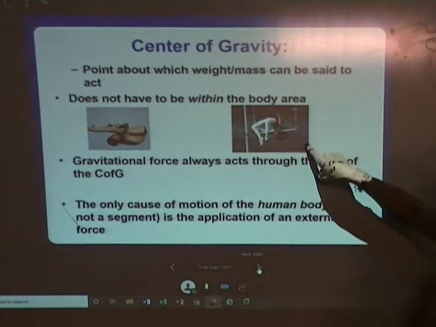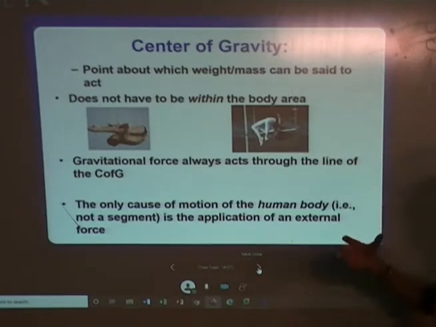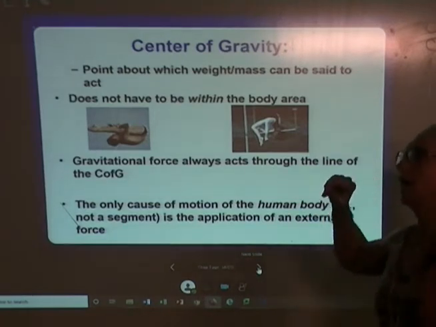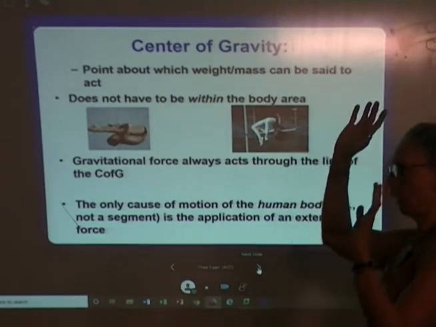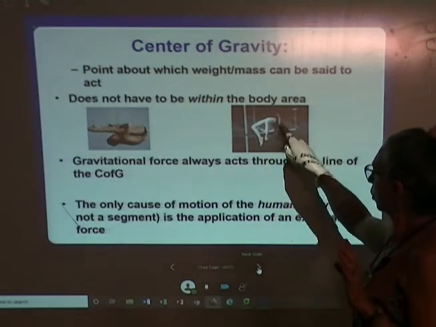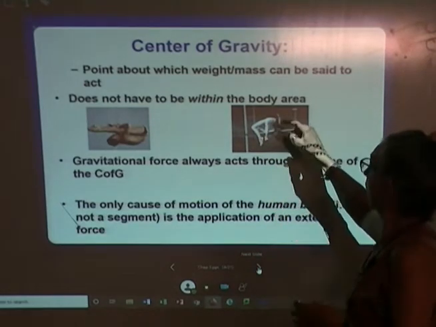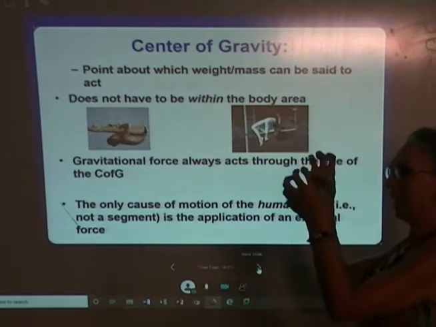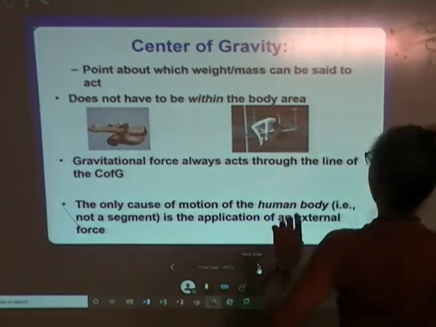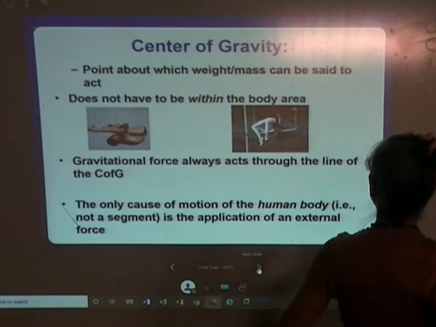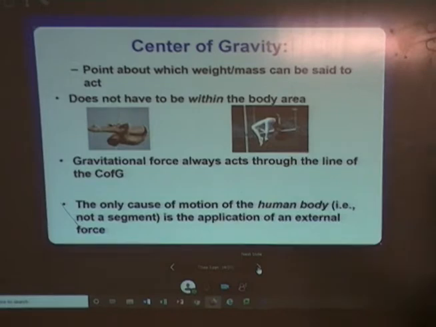In the picture on the right, the individual is doing a Fosbury flop high jump, and the idea is to arch as much as you can over the bar and then kick your legs over. Because this arch is so strong, if I was going to analyze the Fosbury flop, the center of gravity would be outside, behind the hips.